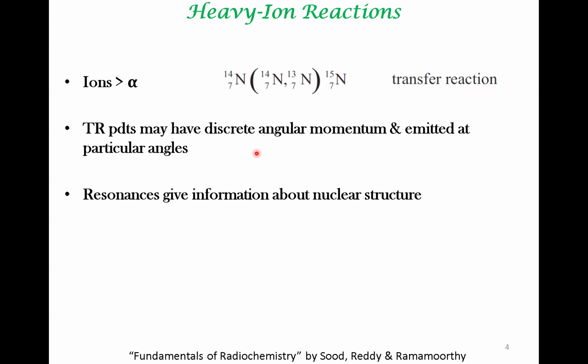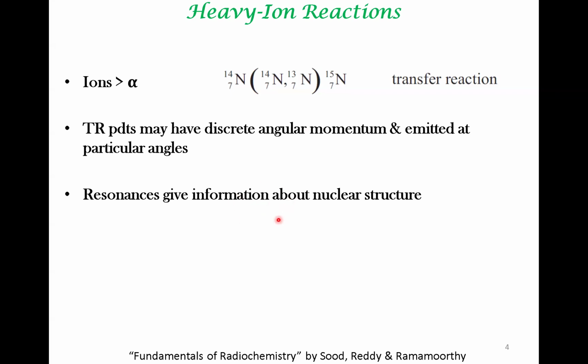It gives the idea of resonances, as I mentioned in some previous lecture. What we mean by resonances is in certain particular energies, the reaction cross section increases and the energy transfer becomes much more efficient. So these kinds of reactions are very important to get an idea of nuclear structure.